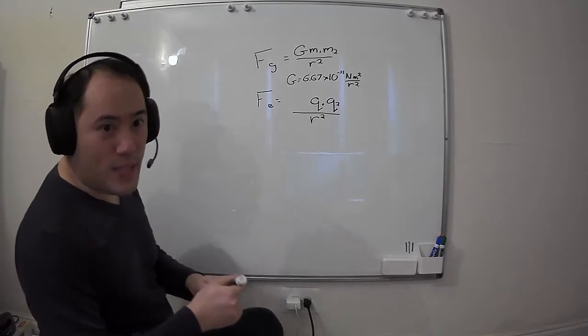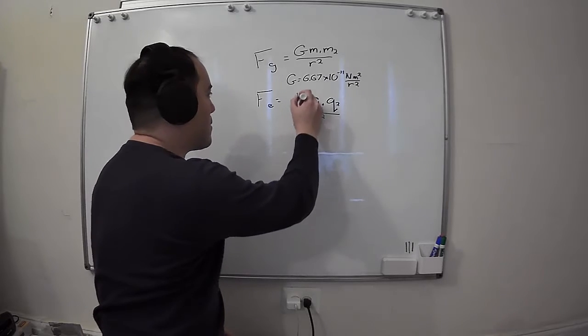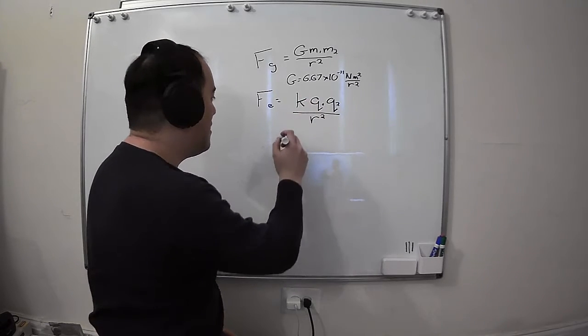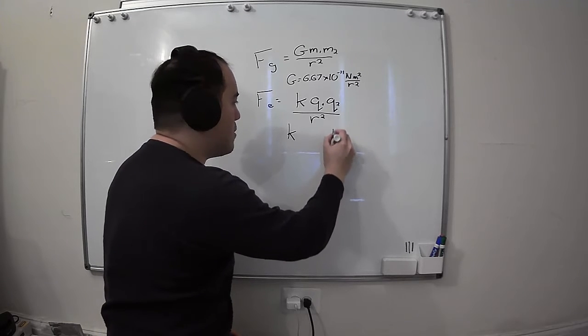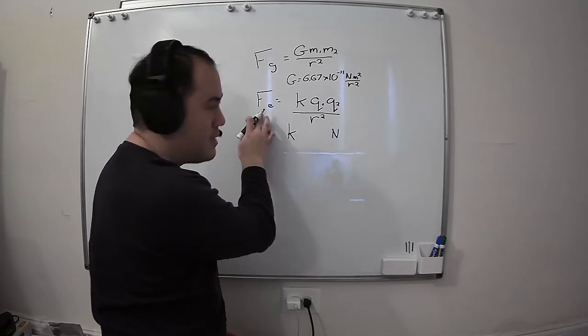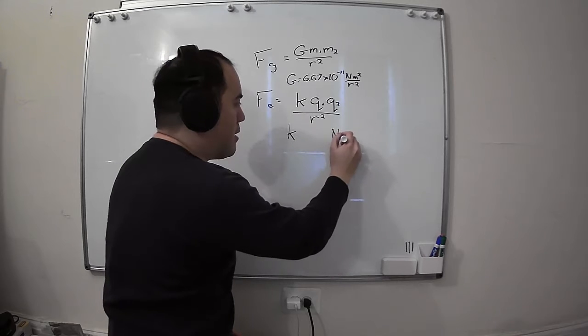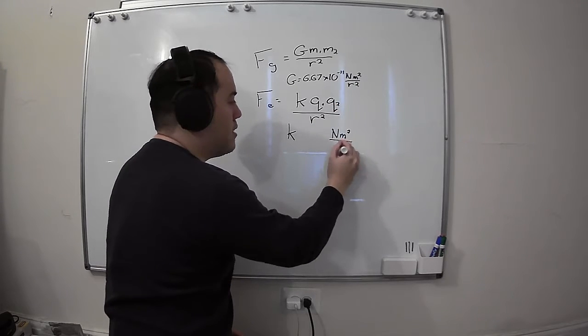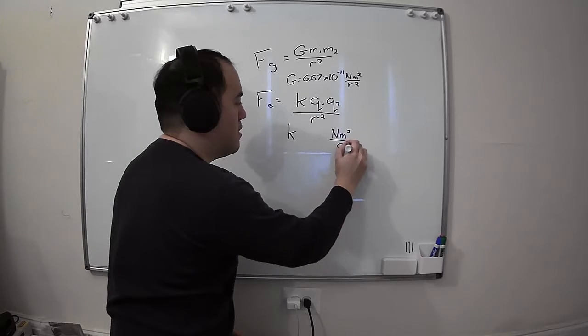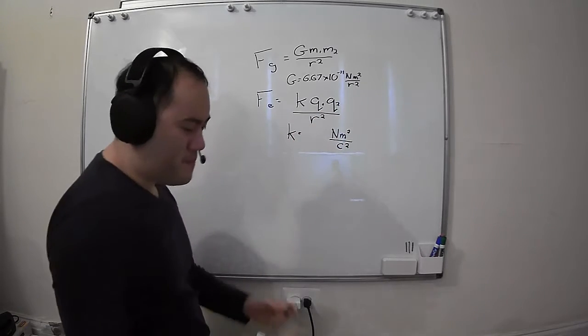So we'll introduce a constant k, and constant starts with k, so we'll use the letter k. K must be in newtons to give us newtons at the end, meters squared to cancel with r squared, per coulomb squared to cancel these two charges. And what is it?